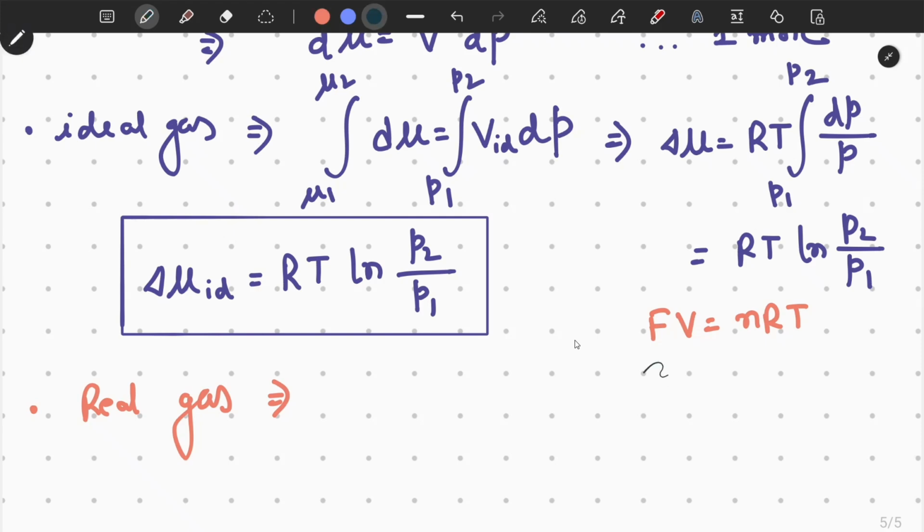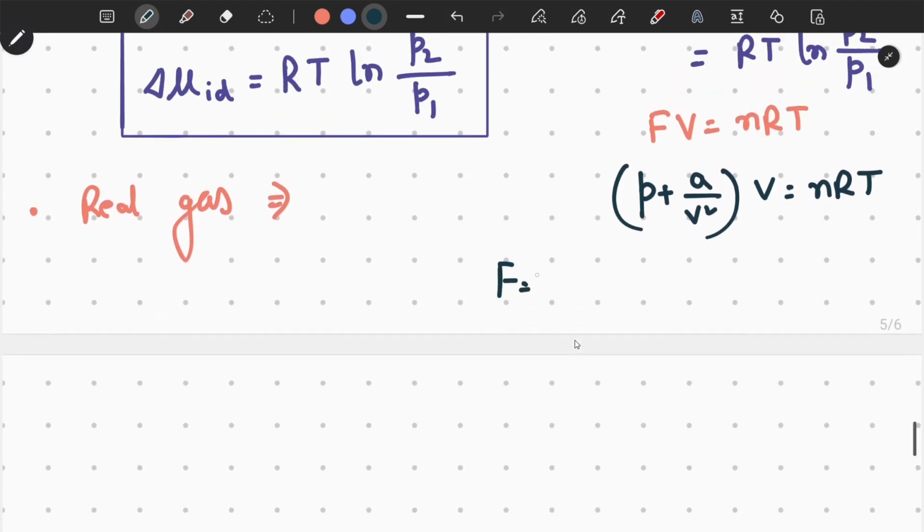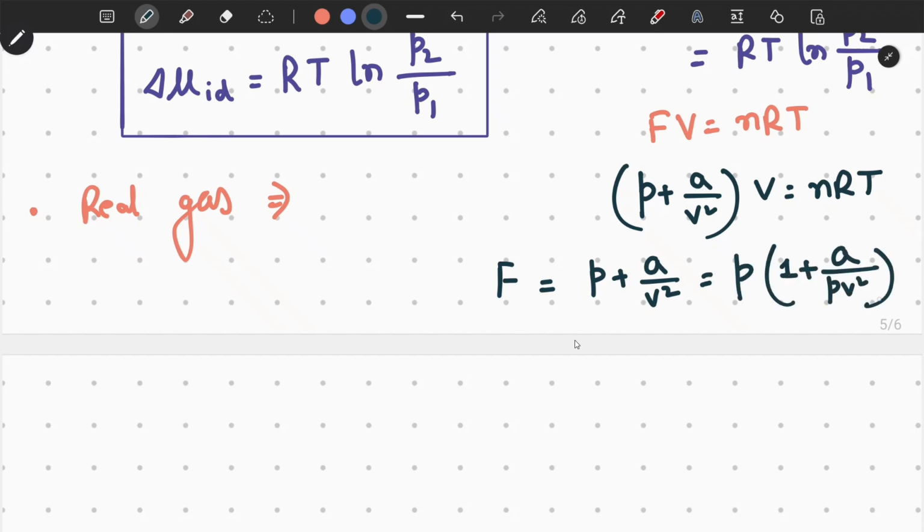What do we write? P plus a by V bar square times V bar minus b equals RT. The correction in V is not important, so we are considering only the correction in P. So for Van der Waals gas, f is eventually P plus a by V square. If you take the P out, then it is 1 plus a by PV square. This is phi, the activity coefficient.